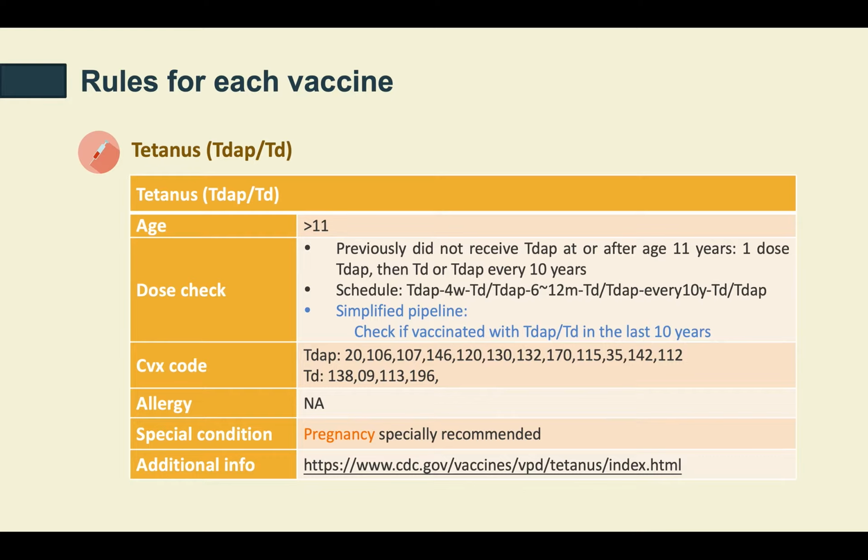For Tdap, we will check if the patient is older than 11 years old, and if he or she got vaccinated in the last 10 years. Especially, we will recommend Tdap to a pregnant woman, even if she already got vaccinated with Tdap within the last 10 years.